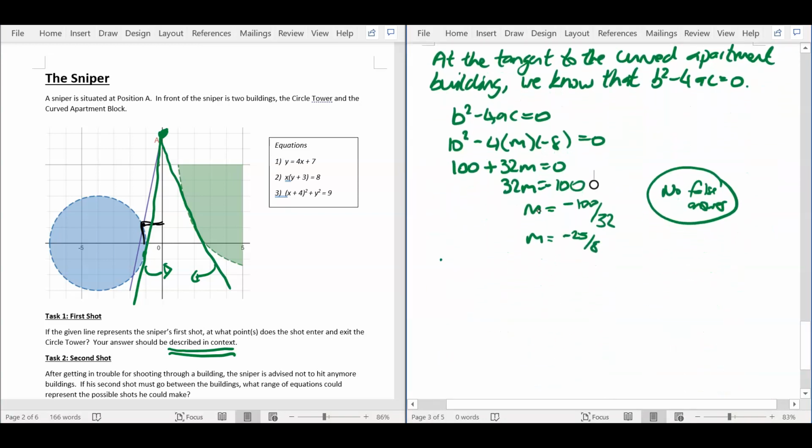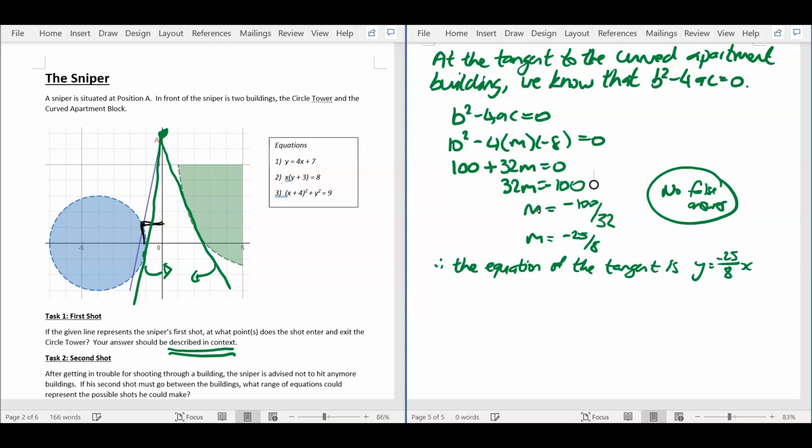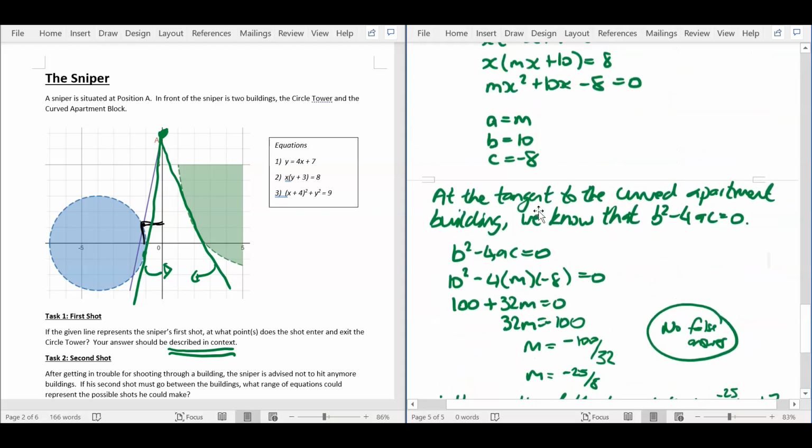Therefore, the equation of the tangent is y equals negative 25 over 8 x plus 7. So that's what we got there.